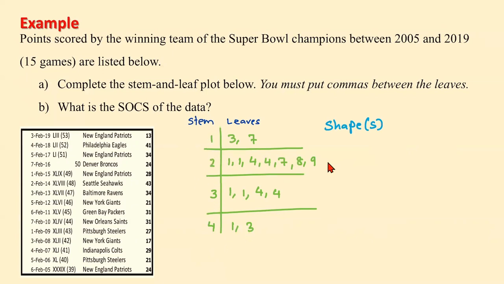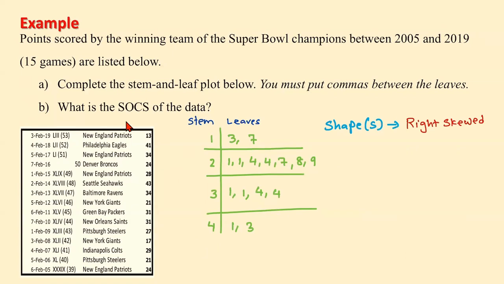Here is the tallest bar. This side we have the shorter length of the distribution, and this side the longer length. So the data is skewed to the right. For the shape, we can say it is right skewed. That is S.